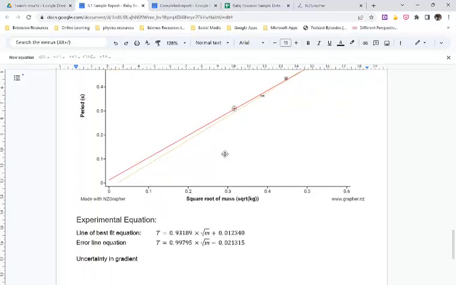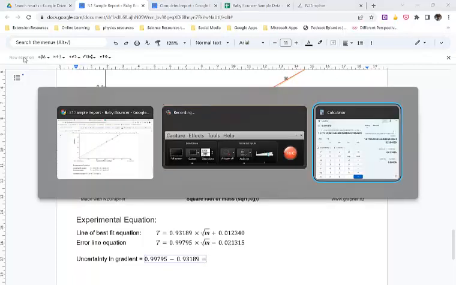So the way we work out the uncertainty is quite simple. I'm going to put an equation in here. So it's just the difference in the gradients. So you just take the bigger one minus the smaller one. 0.99795 minus 0.93189. And we can work that out with our calculator. There's a calculator.